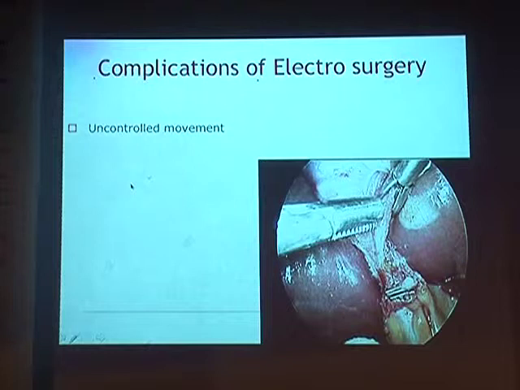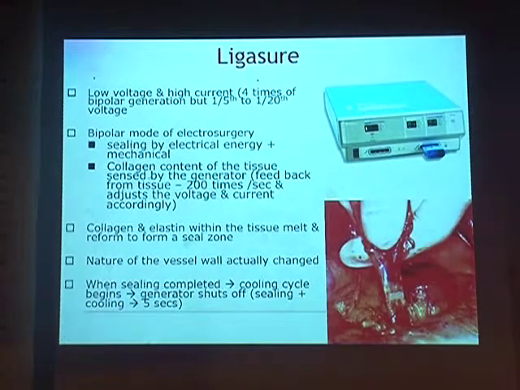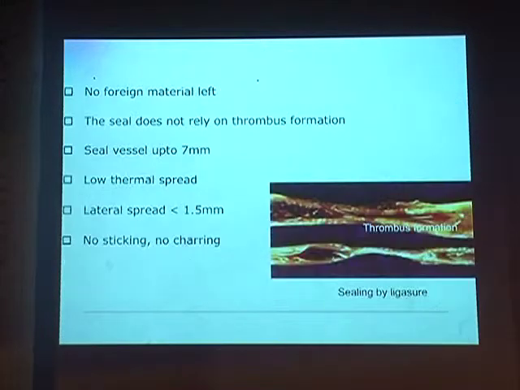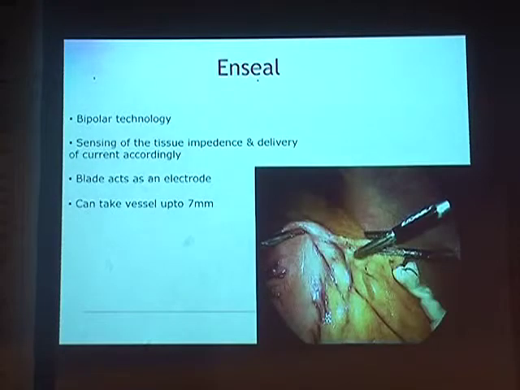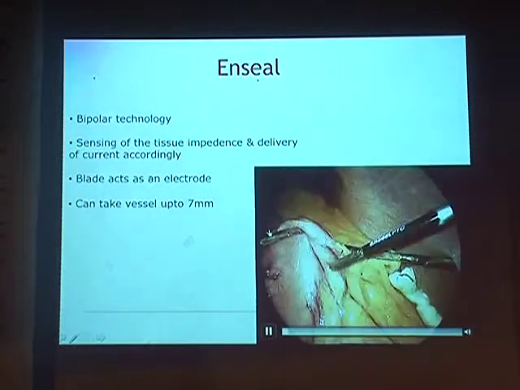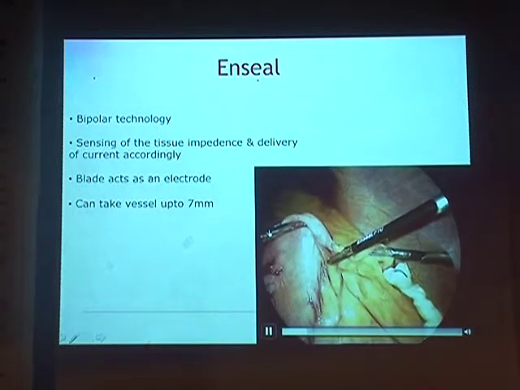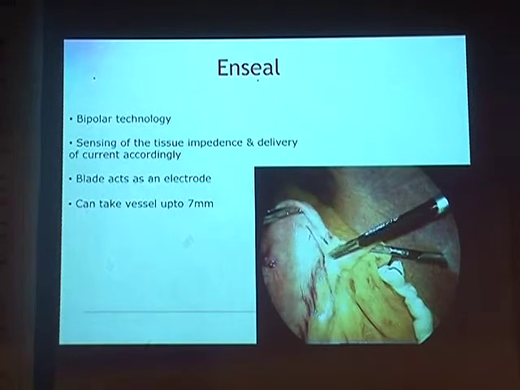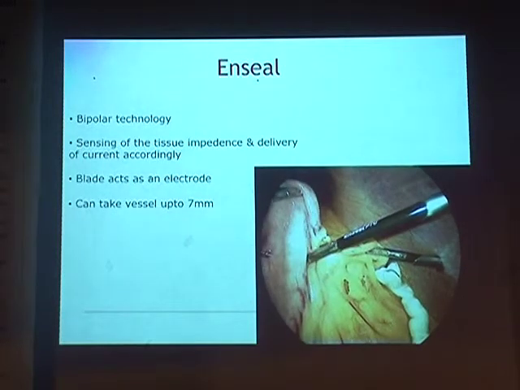Now I'm coming to some vessel sealing systems like LigaSure. I am not detailing these parts, but at least we must have a brief idea that the vessel sealing systems now available can seal vessels up to 7 millimeters. So it's really a good machine which we can use. And EnSeal is one of them, using two blades. This is a blade technology.